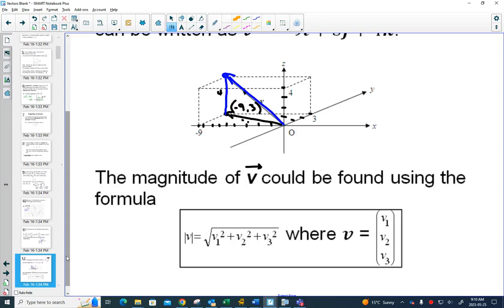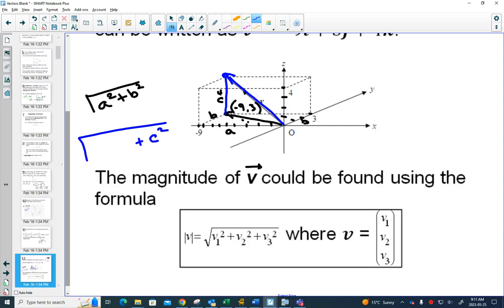Well, if we do, I'm going to call this my A, this my B, and this length my C. If you did regular Pythagorean, this black line would be the square root of a squared plus b squared. And then if you wanted to find the blue one, it would be this side squared plus this side squared.